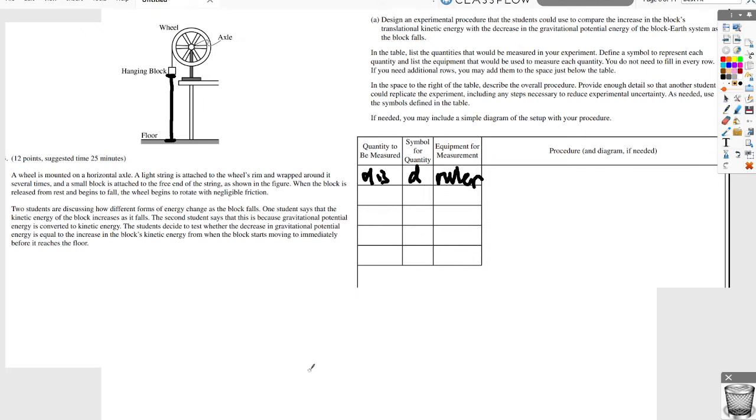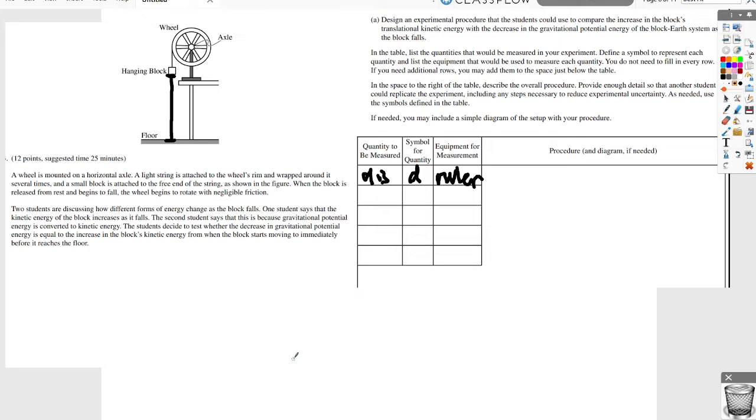Do we need anything else? Different forms of energy change: gravitational potential energy converted to kinetic energy. I think we also need speed.